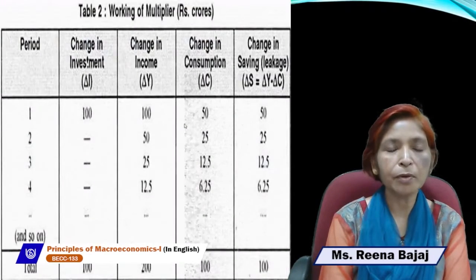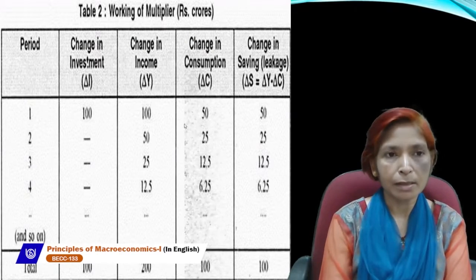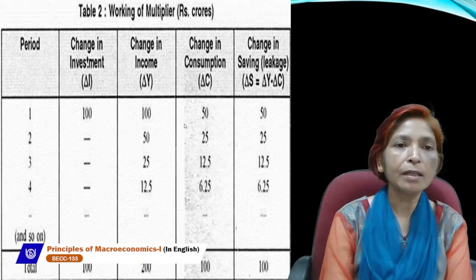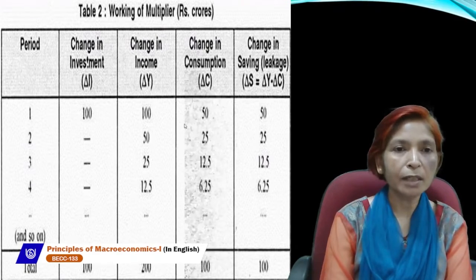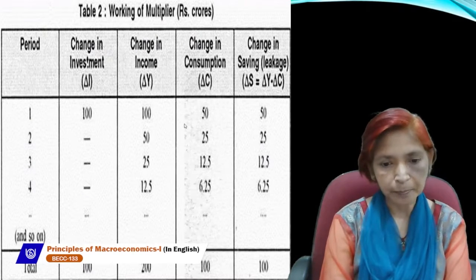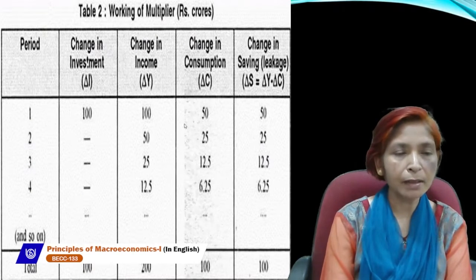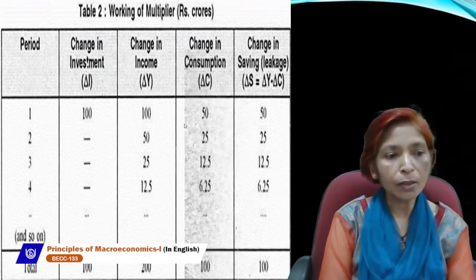Next is the working process of multiplier. How multiplier works and how we can generate more income after investing limited money in business enterprises. In this example, we are taking periods like 1, 2, 3, 4.